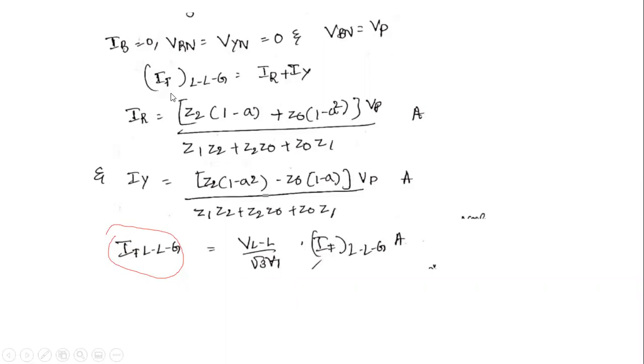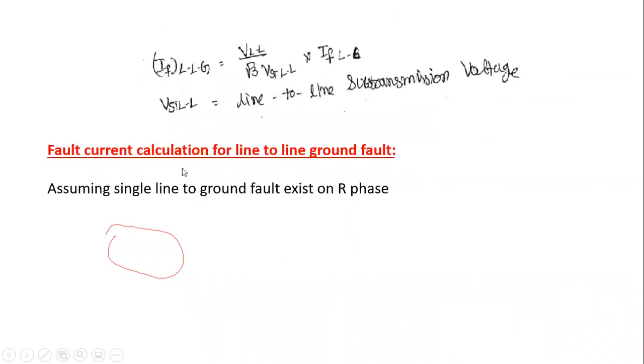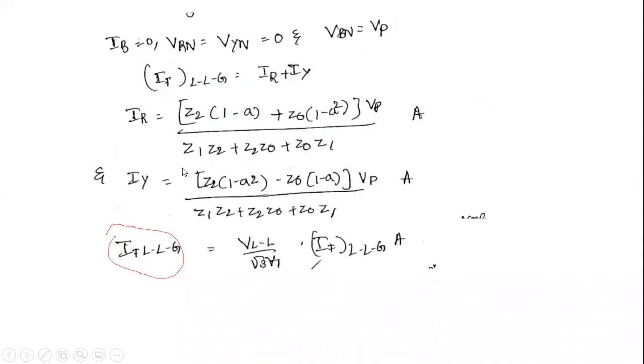This is the calculation for double line to ground fault and single line to ground fault currents.